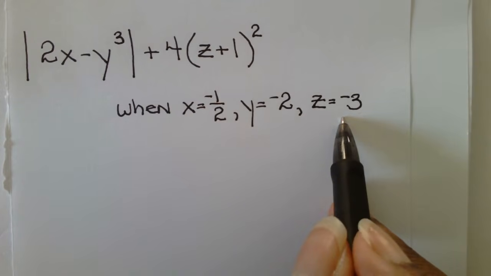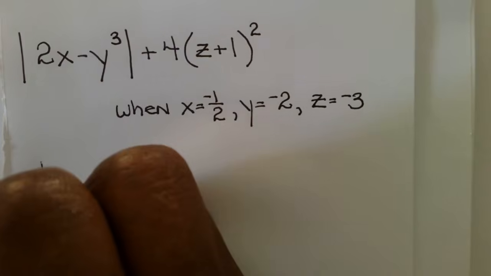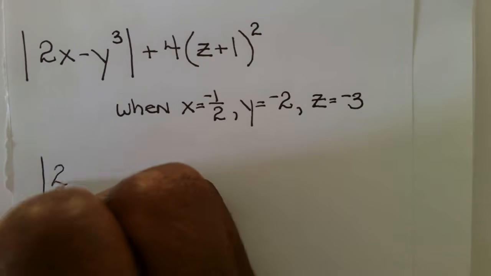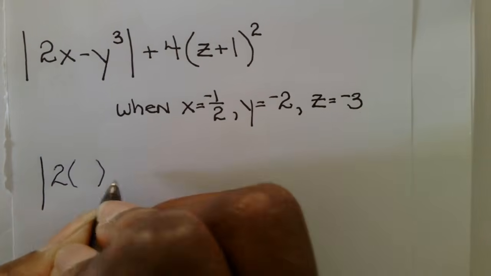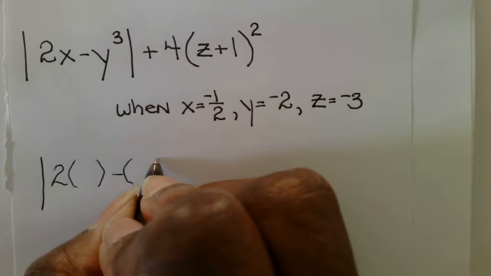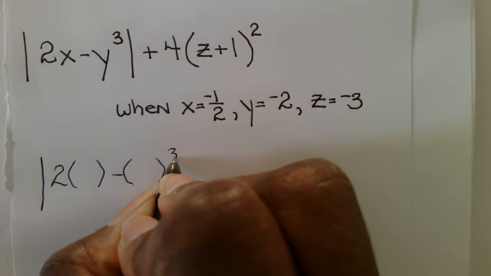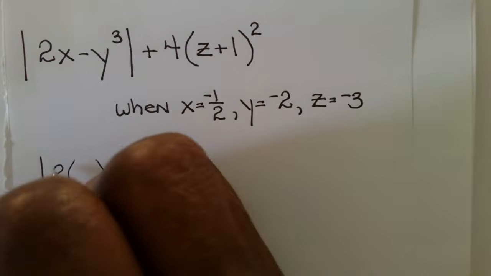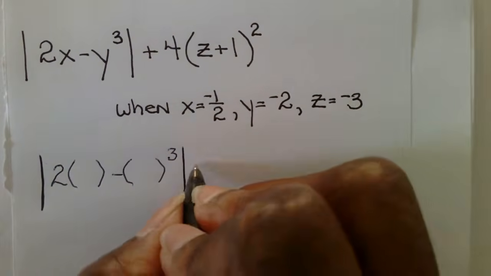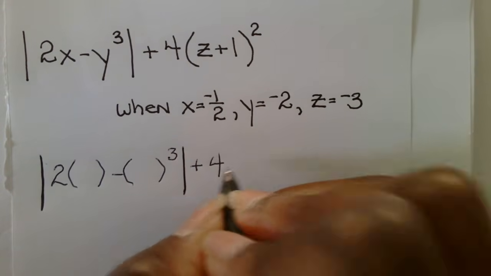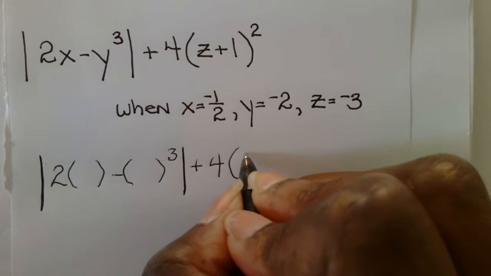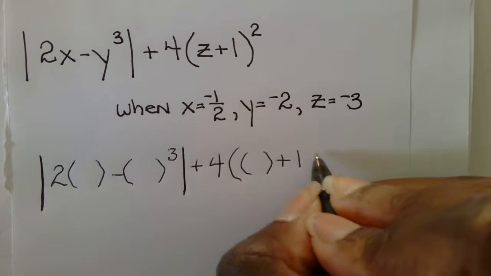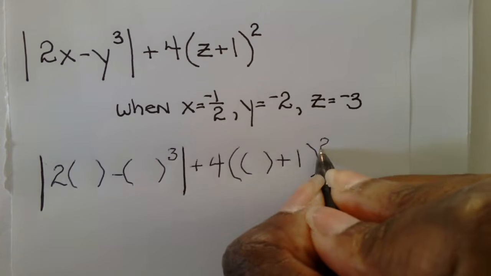So if I have this absolute value, and then we have 2, I'm going to put a parenthesis, minus, another parenthesis, and that's going to be cubed. And here's my absolute value. Then we have plus 4 times, and we're going to put another set of parentheses for the z, plus 1 squared.